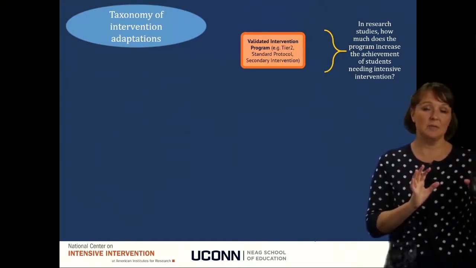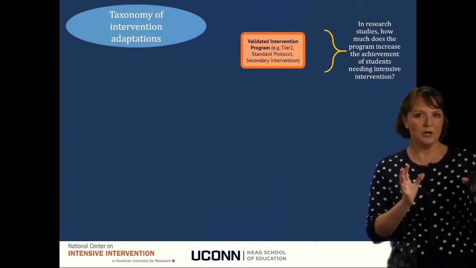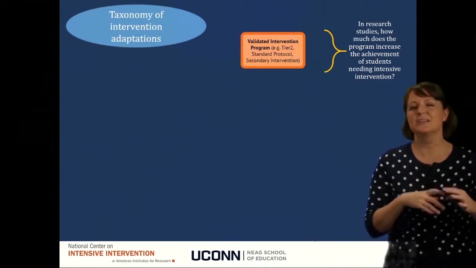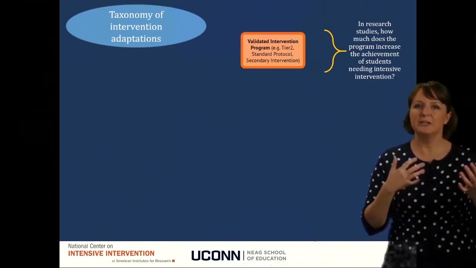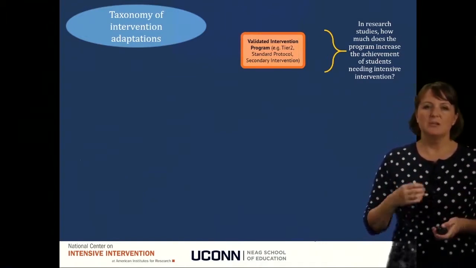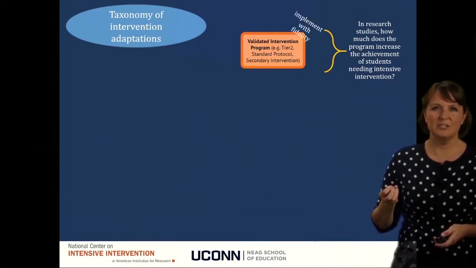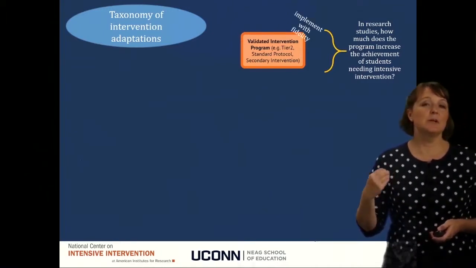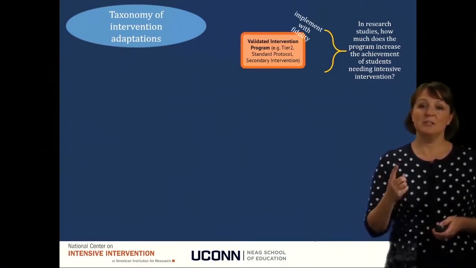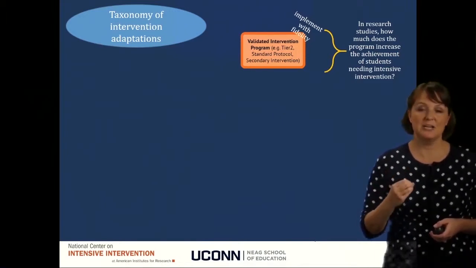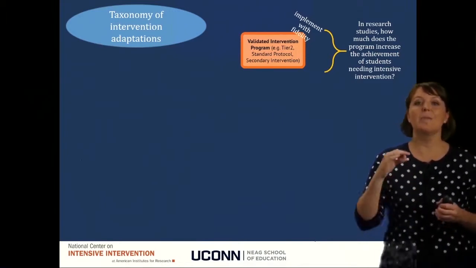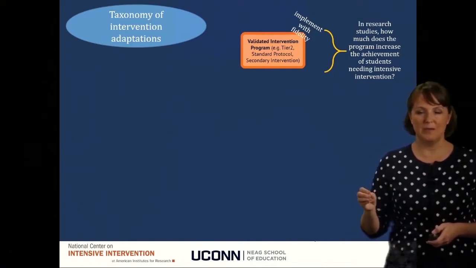And in this module, or in this course, we're talking about mathematics, but this could also apply to reading as well. So we start with that validated intervention platform, and we need to make sure that we're implementing it with fidelity. We've already talked about fidelity and how important it is to implement the program as it's meant to be implemented.